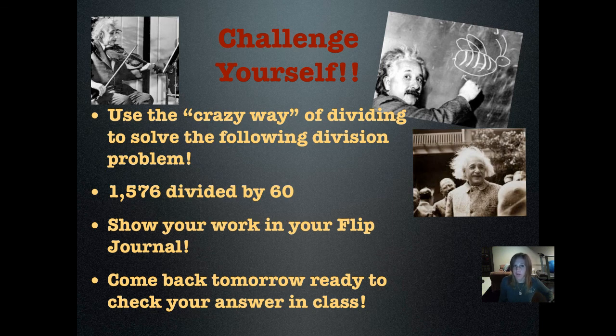Take that crazy way of dividing and use it to divide by double digits. In this case, you're going to use the crazy way to divide 1,578 by 60. I think you will find it really easy to do using the crazy way. Show your work in your flip journal and come back tomorrow ready to check your answer in class. We're actually going to go over it as a full class just to see if it made it easier for you.